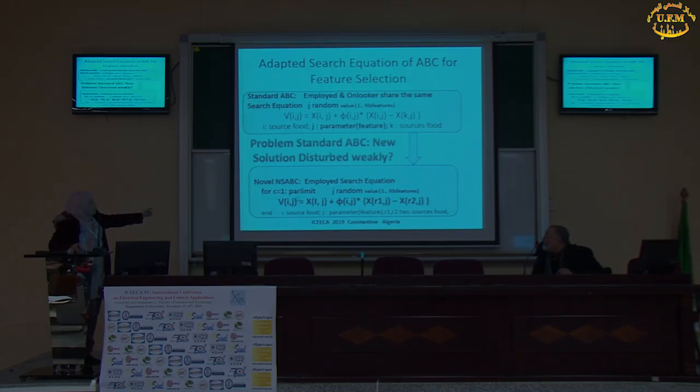In the actual work, we have one work in feature selection where they use a number of features from 1 to the number of features in the data set, which is huge. If you have a large data set, we can't use all features to modify them. Anyway, we have the problem of exploration.